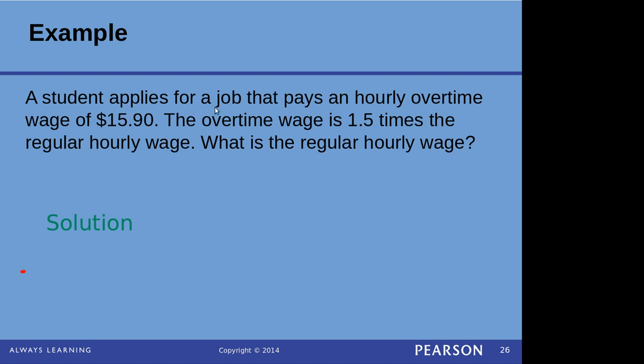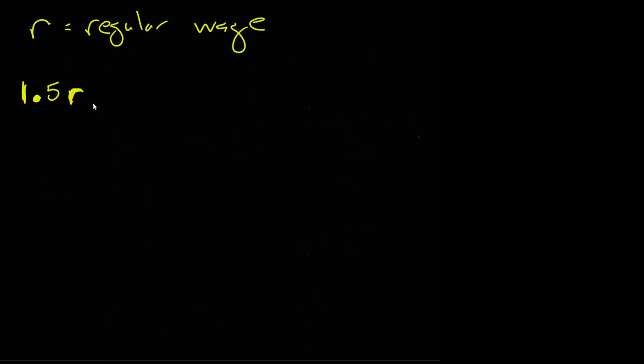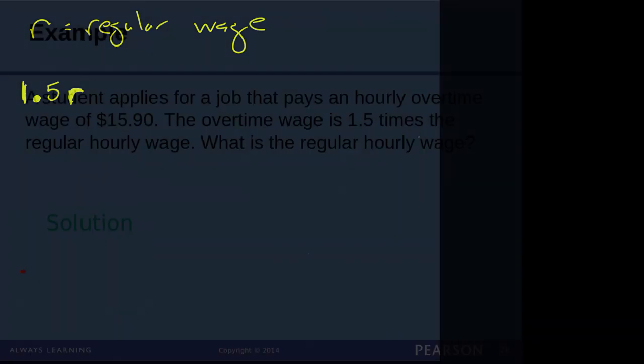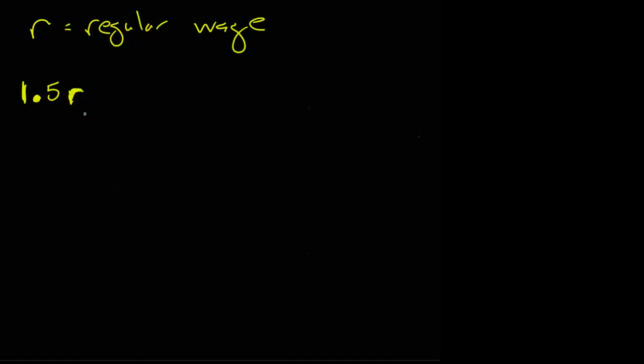A student applies for a job. The overtime wage is 1.5 the regular hourly wage. So that's the overtime wage. But we also know that the overtime wage is $15.90. So we say 1.5 R is $15.90.